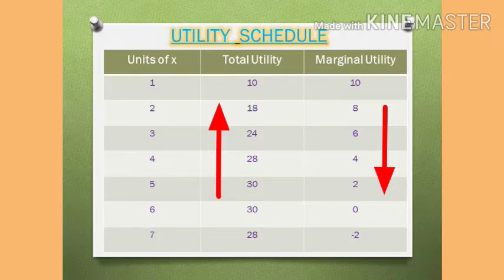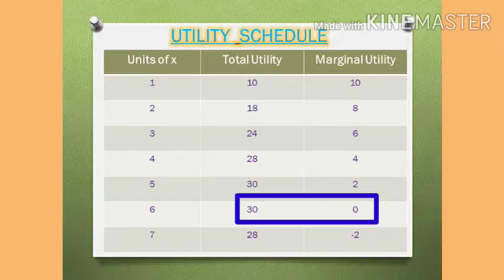Third, at a particular stage, total utility reaches its maximum and remains constant, whereas marginal utility becomes zero. This is called the point of satiety, means point of full satisfaction. That is, total utility highest, marginal utility 0.